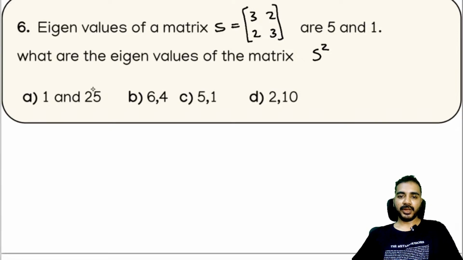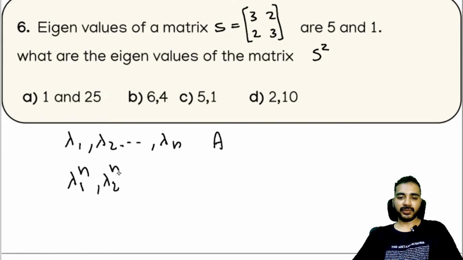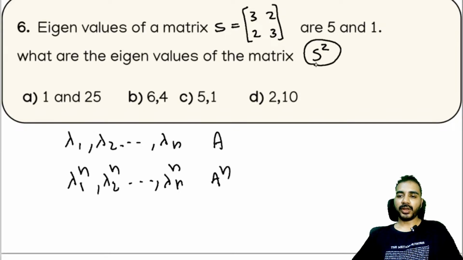According to the property, when lambda 1, lambda 2 up to lambda n are eigenvalues of matrix A, then lambda 1 raised to n, lambda 2 raised to n, up to lambda n raised to n are the eigenvalues of the matrix A raised to n.